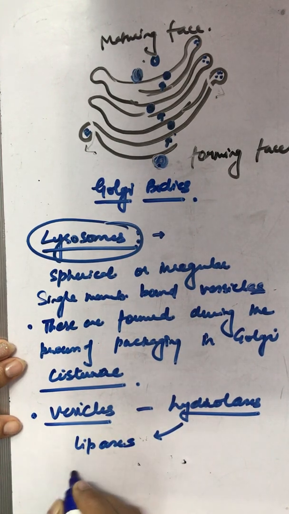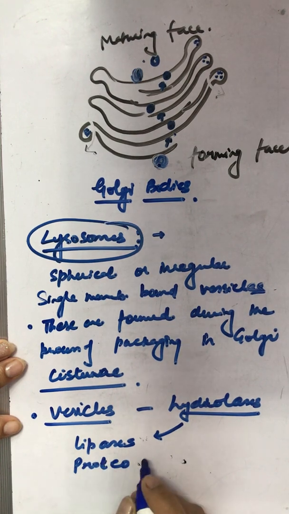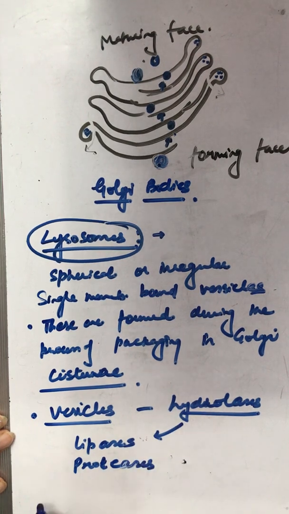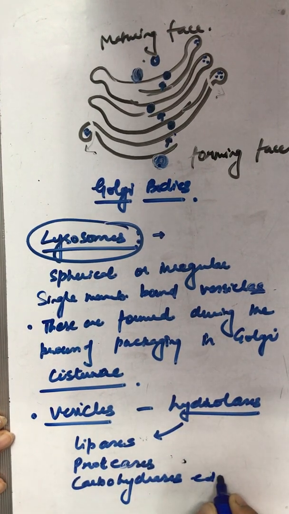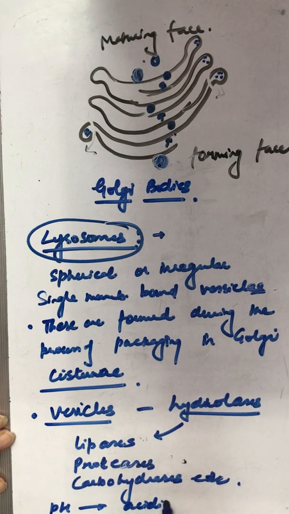Lipase, proteases, then carbohydrases, etc. Generally, at what pH do they work? They work at a preferably acidic pH, and they show their mode of action.